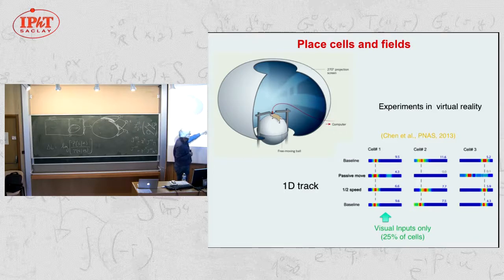And you can do things where you decouple, so that one of the two is going at half the speed of the other. In some cases the place fields change. They can be shifted a little bit. For instance, in the passive move situation, this place cell has shifted a lot.